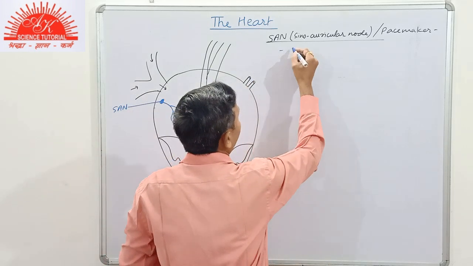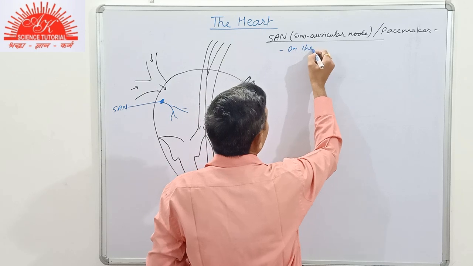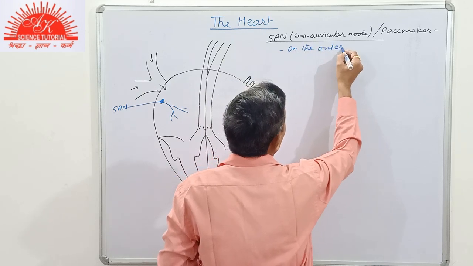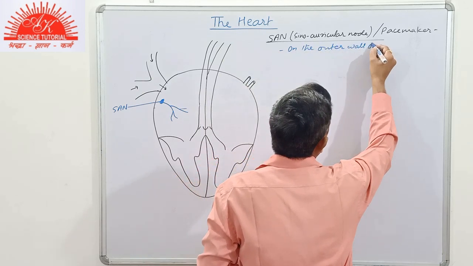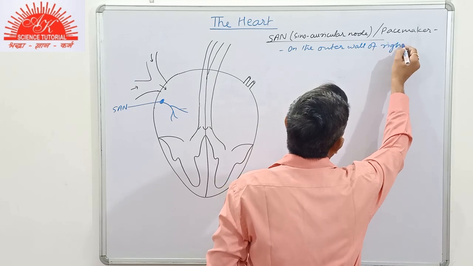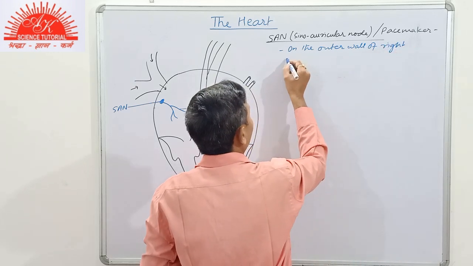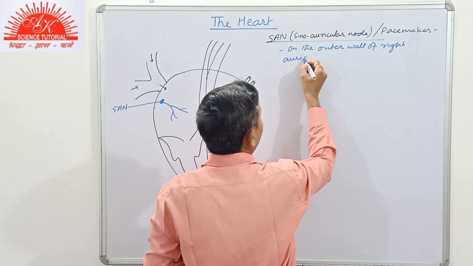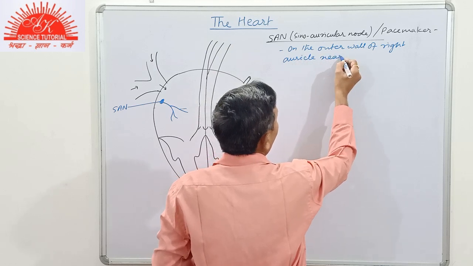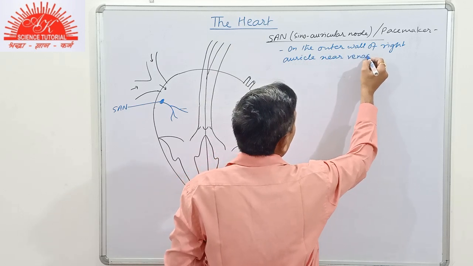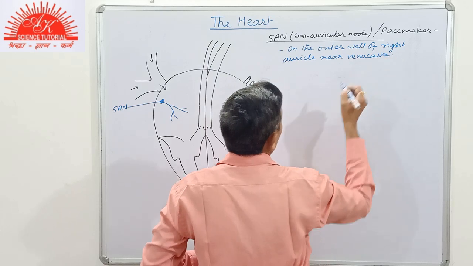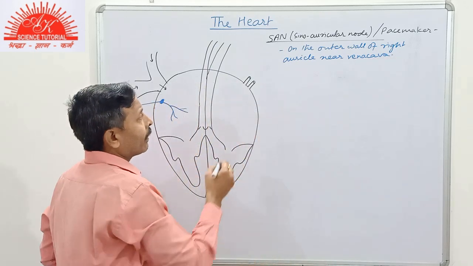So location is on the outer wall of right auricle, near vena cava, opening of vena cava.